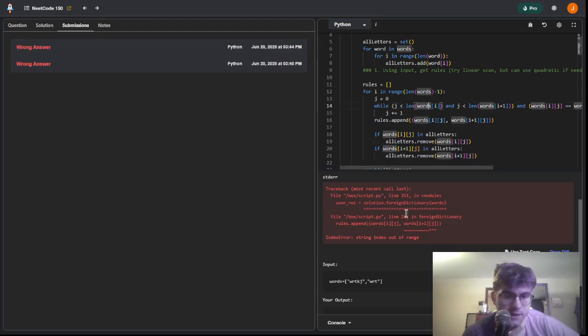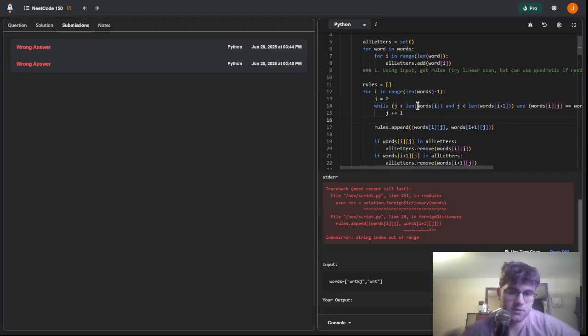Okay, so in this case, j is 2, and then you add 1. Right. And then here we'll just, if j equals length of words of I, or j equals length of words I plus 1.